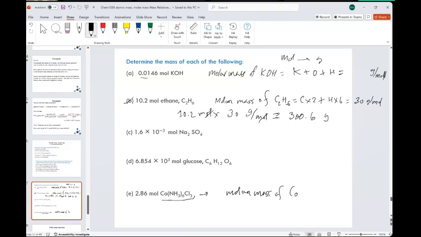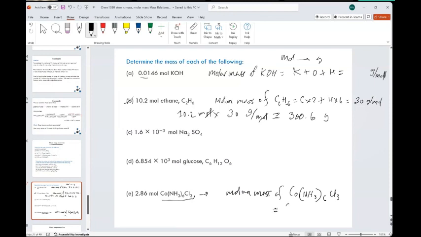Actually, it is named a complex in chemistry. Co, cobalt, right? We don't need to know the name to find out molar mass. But the name is a little complex. Hexaamino cobalt chloride. Co(NH3)6Cl3. To find out the molar mass, same way.